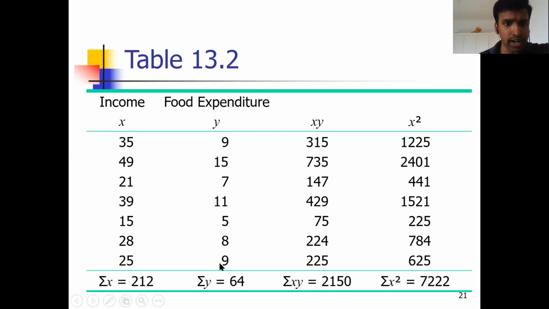The sum of x y is multiplying x with y for each row, and then you add all these values to get the sum of x y. When I wanted to know the sum of squares of x, you basically square x, and then you add all these rows, and you get the sum of x squared.